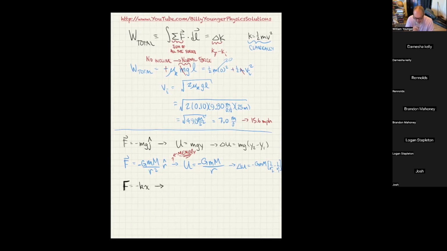Because it goes back and forth. Sort of. What I mean is if I stretch the x in the positive direction, the force that the spring applies to it will be in the negative direction. Whereas if I compress the spring in the negative x direction from the equilibrium point, then the force that will apply will be in the positive x direction.